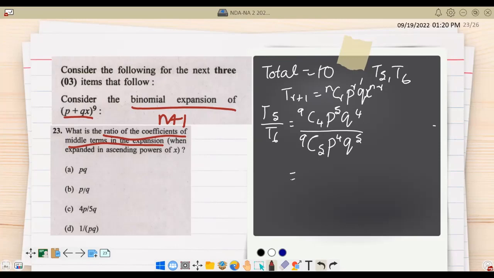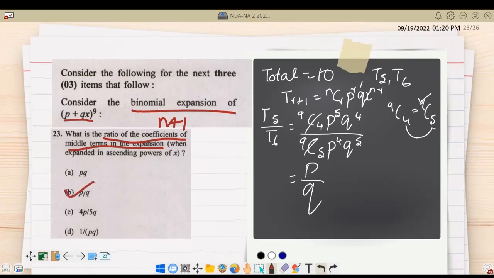We know that 9C4 and 9C5 are equal, because if we add 4 plus 5 we get 9. So both are equal. So obviously the remaining part will be P by Q. So the answer is B, P by Q.